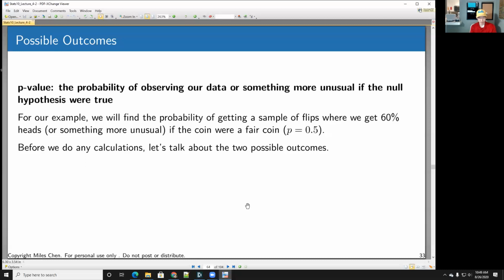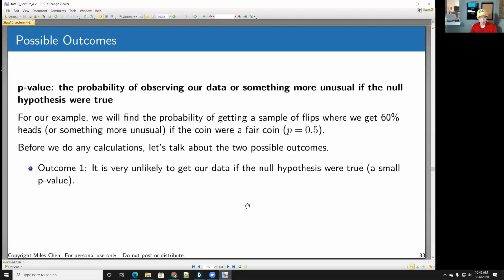So before we have to do any calculations, we can just talk about the different outcomes we could get. One is that we do the calculations and it turns out that it's very unlikely to get our data if the null hypothesis were true.